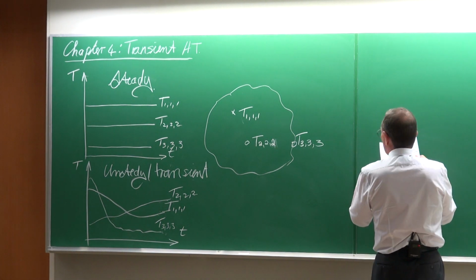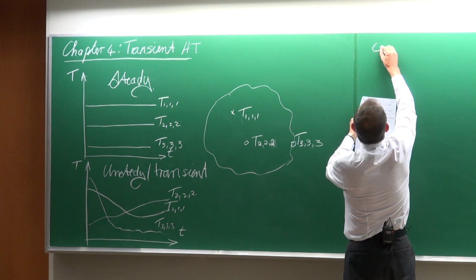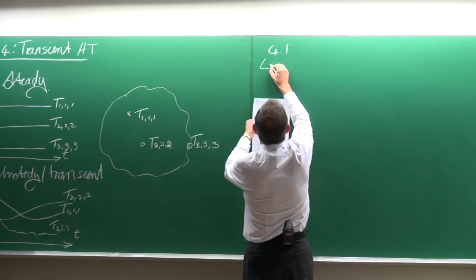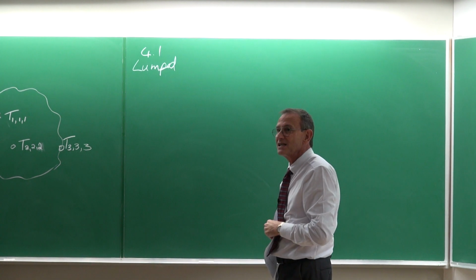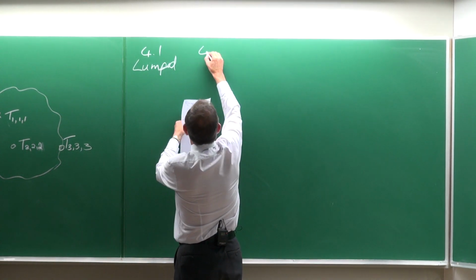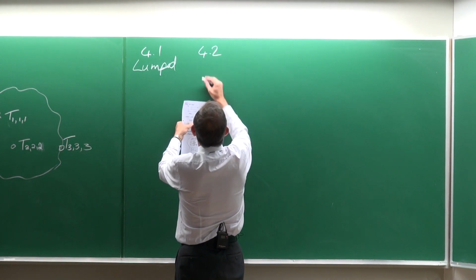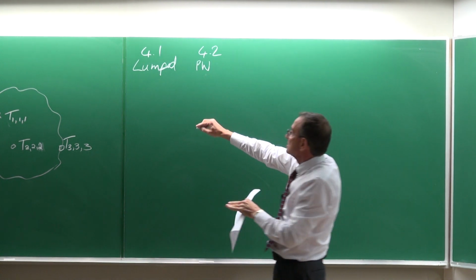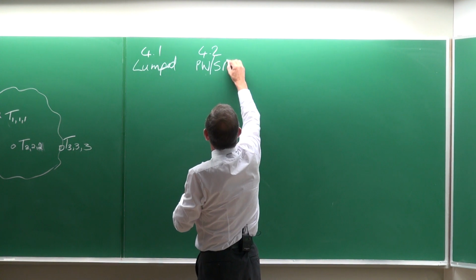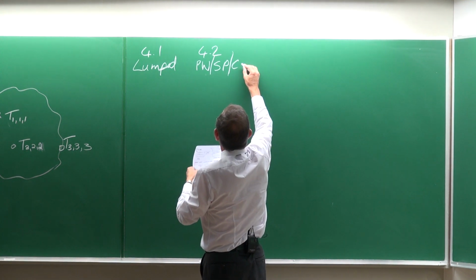The chapter itself is divided into paragraph 4.1, which is about the lumped system method, and then there's paragraph 4.2 in which we are going to do plane walls. We are going to do spheres as well as cylinders.